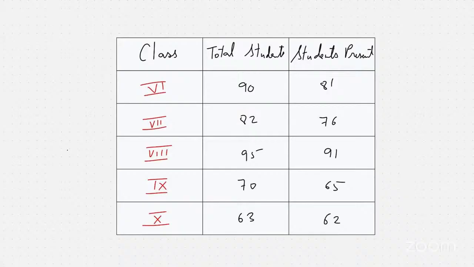Number one is the total students. Number two is the students that are present. What you have to do is make a bar graph showing total students and students present, both bars together. Then total students present for class 7th, then 8th, then 9th, then 10th.